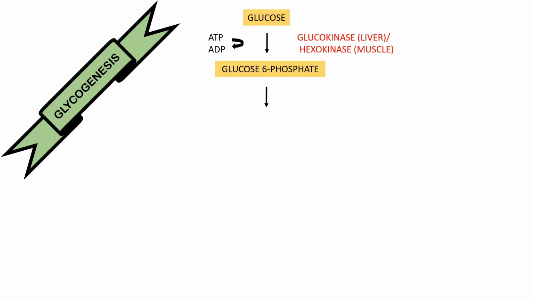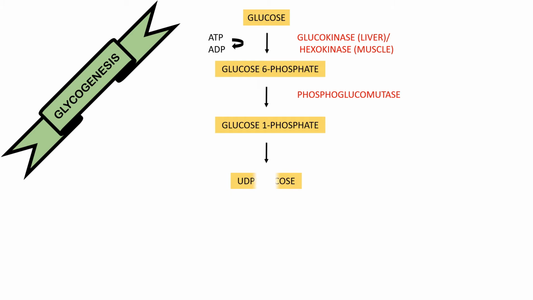Now, glucose 6-phosphate gets converted into glucose 1-phosphate, and this conversion is catalyzed by phosphoglucomutase. Now, UDP glucose, which is uridine diphosphate glucose, is formed from glucose 1-phosphate and UTP in the presence of the enzyme UDP glucose pyrophosphorylase. To initiate the process of glycogenesis, a primer is required.